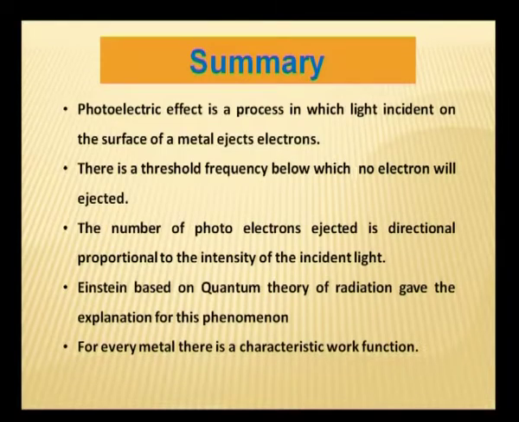The number of electrons ejected is directly proportional to the intensity of the incident light. Einstein, based on the quantum theory of radiation, gave the explanation for this phenomenon. For every metal, there is a characteristic work function.